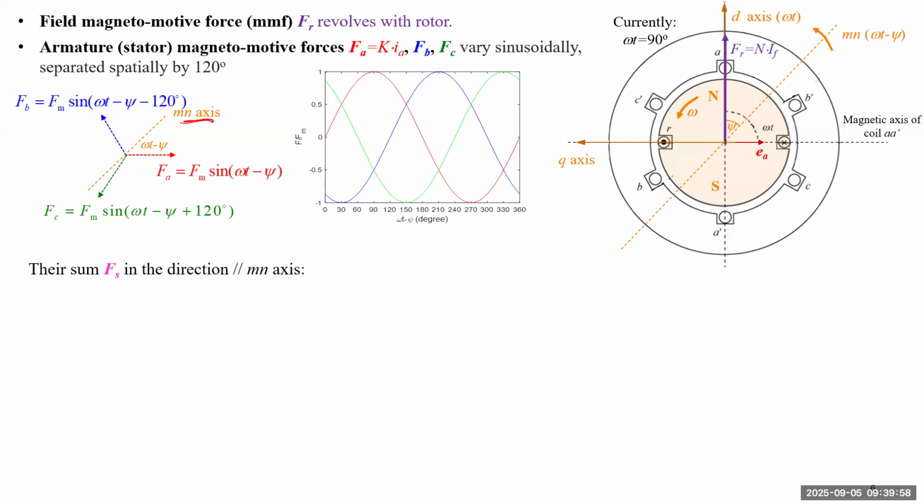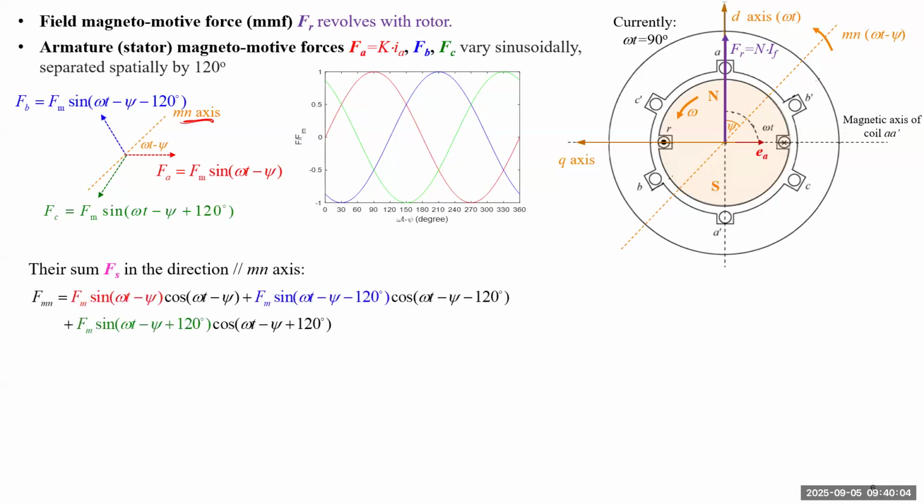One component is parallel to the MN axis, and the other is orthogonal to the MN axis. In the parallel direction, we project each F onto this direction. So for FA, if there's a magnetic force of 1 in A, we project it to this direction.